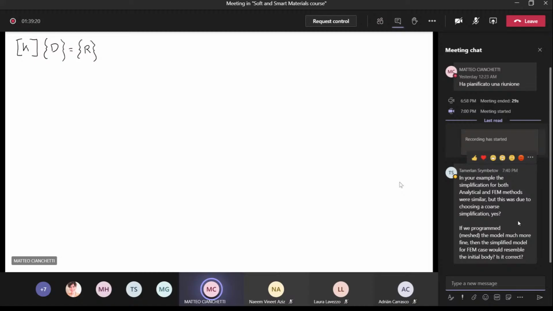The case that I did was a representation that is very rough. But even if you are going to deal with a much more detailed model, it will always be a model of the reality.